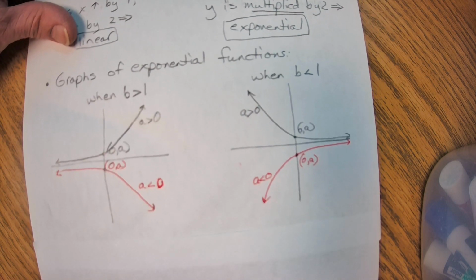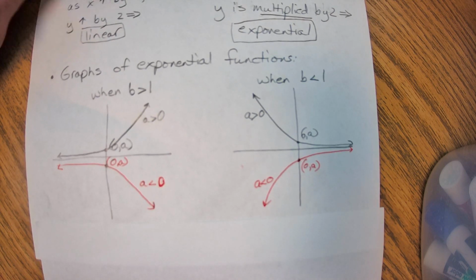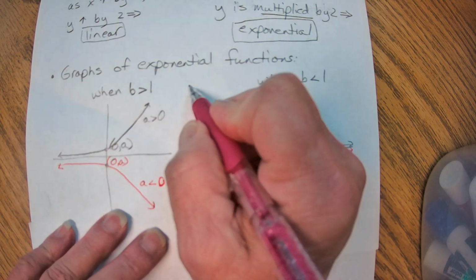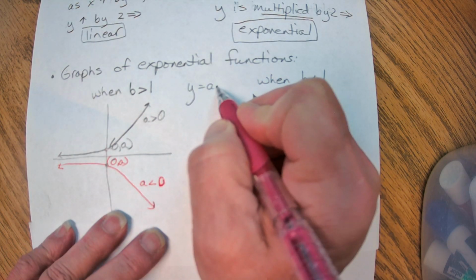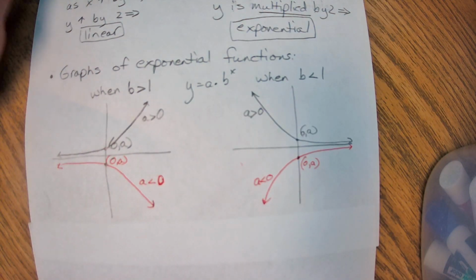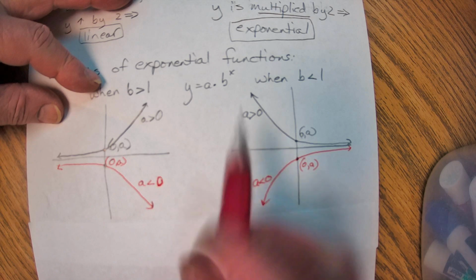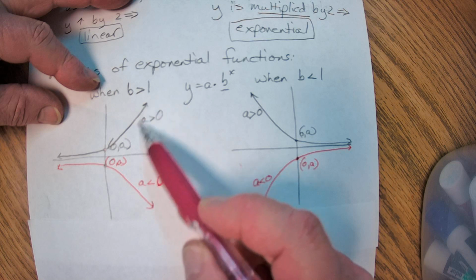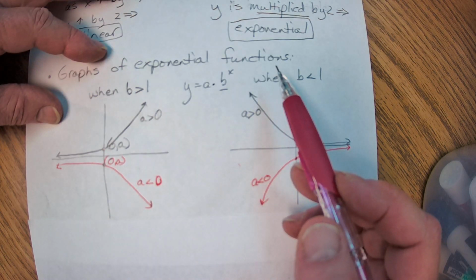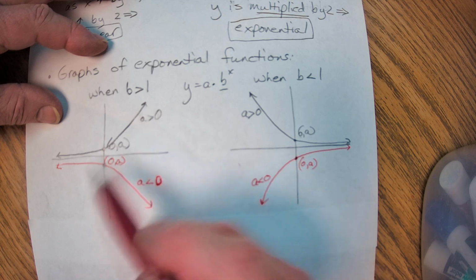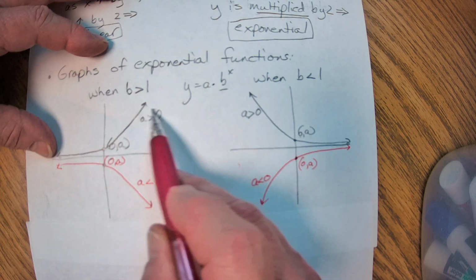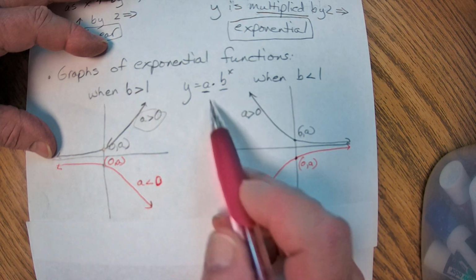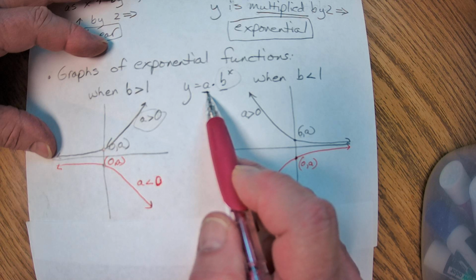So this is what graphs of exponential functions look like. And remember, that's the parent function. If b is greater than 1, your graph is going to look like that, or like this. The pencil one means that a, the number I'm multiplying by, is greater than 0.